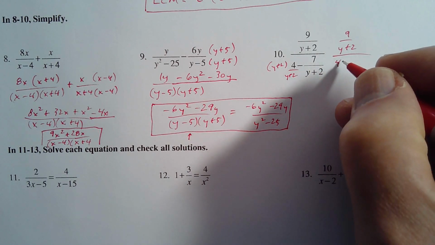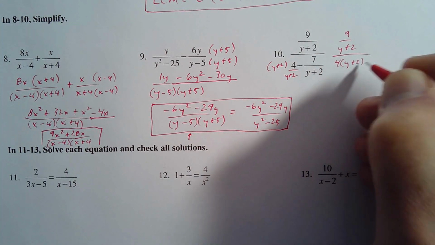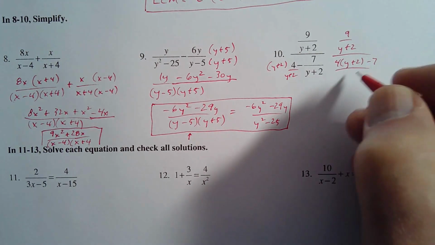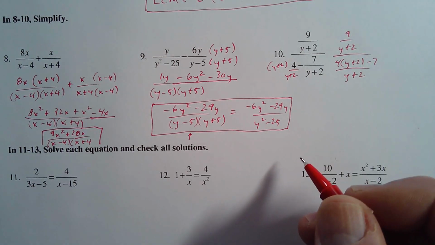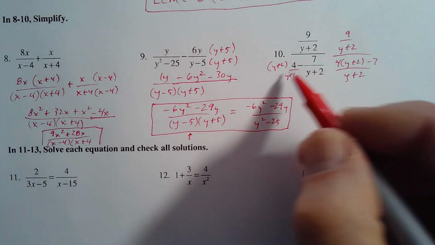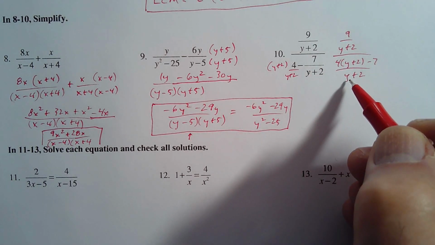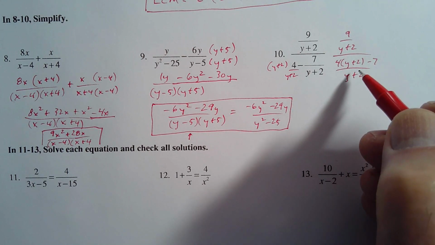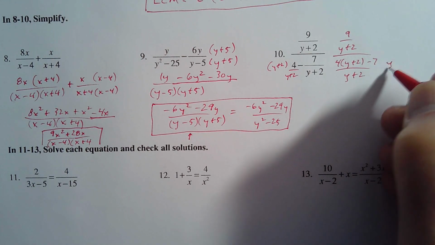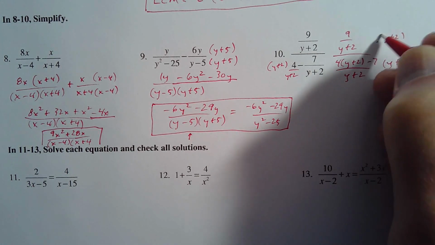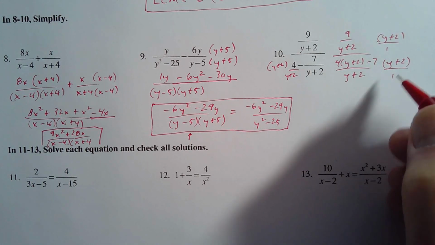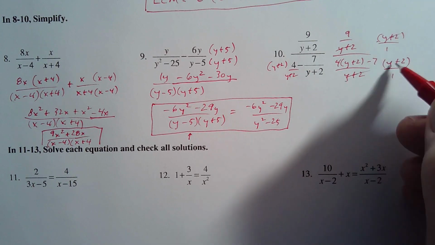So it's going to be 4 times that y plus 2 minus 7 all over y plus 2. So basically I've got that 4 so that it has a common denominator. They're both over y plus 2. That's nice. I could multiply both of these by y plus 2 over 1, top and bottom, and the y plus 2's will cross out.